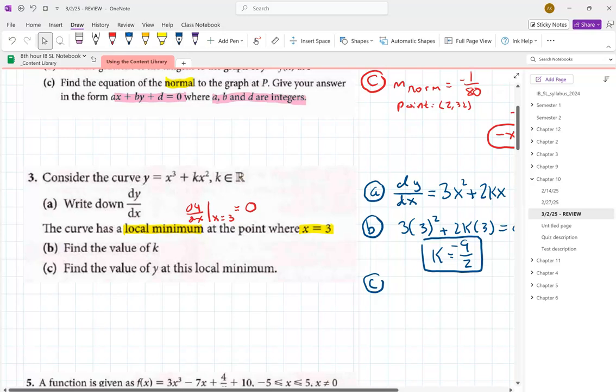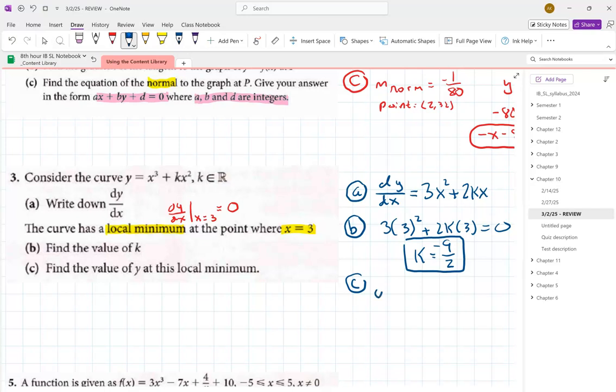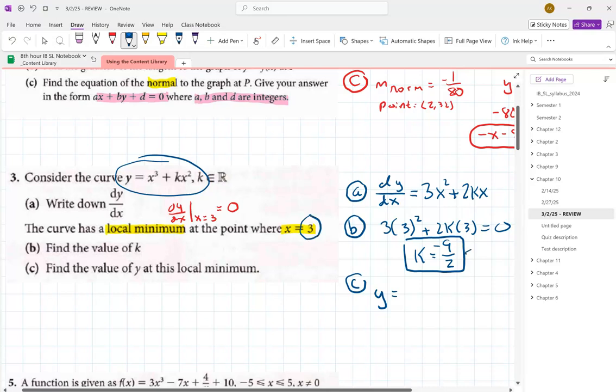Find the value of y at this local minimum. How do I find a value for y? Yup. So I'm just going to be plugging what into here? I'm plugging in 3 and negative 9/2 for k.